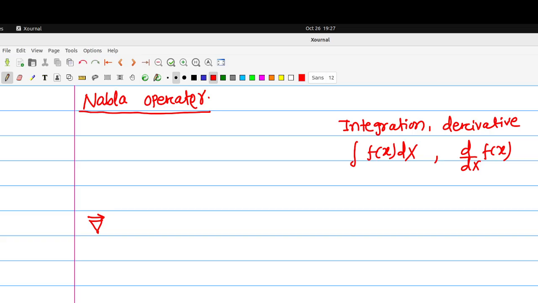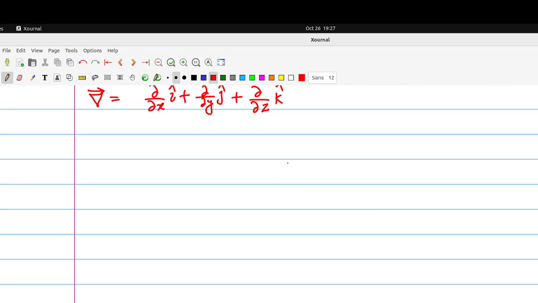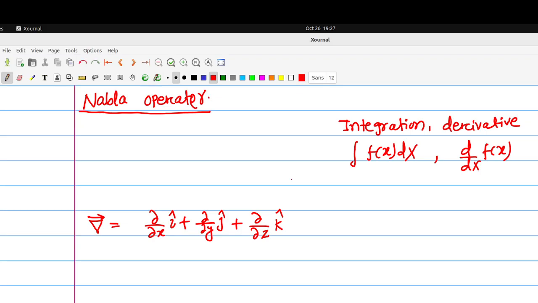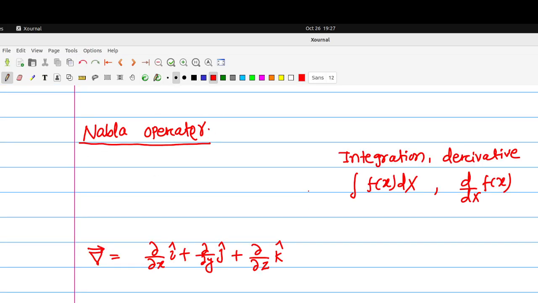Nabla operator in Cartesian coordinate is d by dx i cap plus d by dy j cap plus d by dz k cap. So Nabla is a vector operator. As it is a vector operator, it can act on a vector and a scalar in different ways.